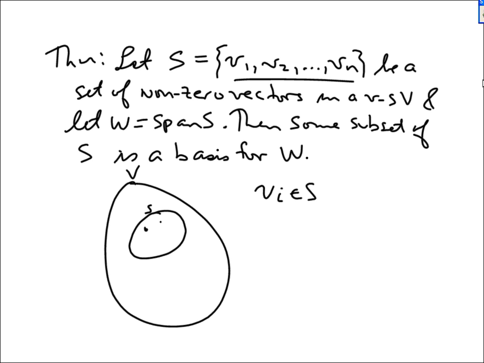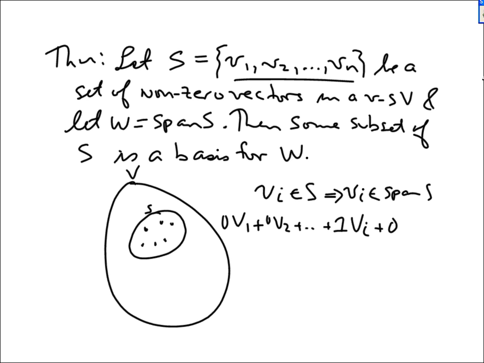Reason being is you can take 0 times V1 plus 0 times V2, all the way up to 1 times Vi, and then 0 times the rest, down to 0 times Vn.